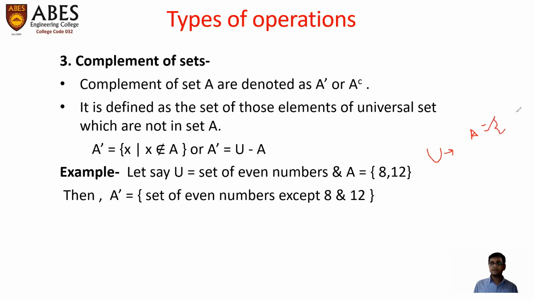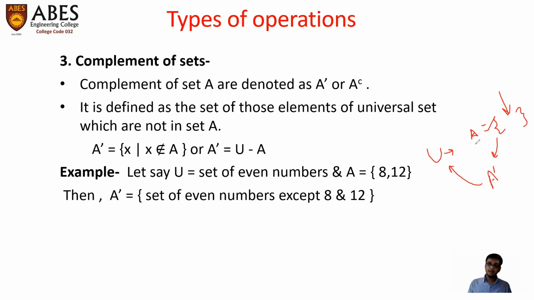A complement consists of those elements which are not present in A. Those elements which are present in set A will not be considered. Except these elements, all the elements present in the universal set will be part of A complement.